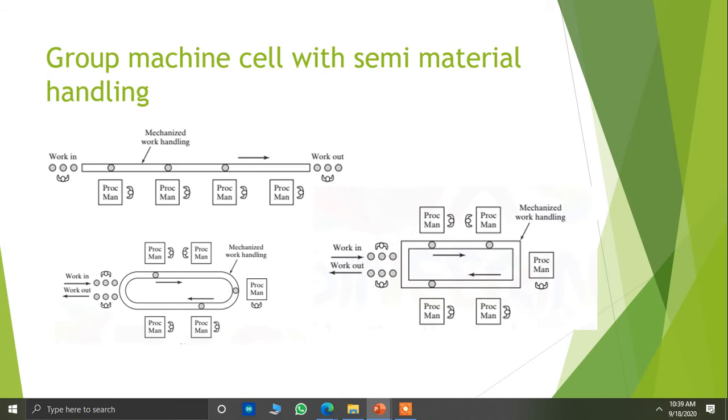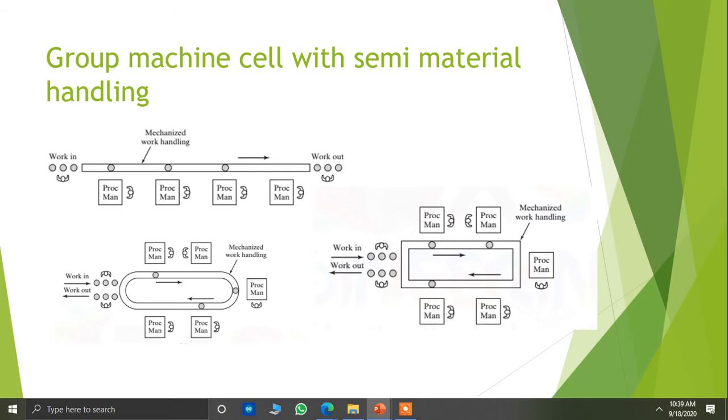Or all processes might be the same in certain cases. So for better quality or better quantity production, you will go with multiple machines with the same process. Your material handling unit will transfer out the work that you make.